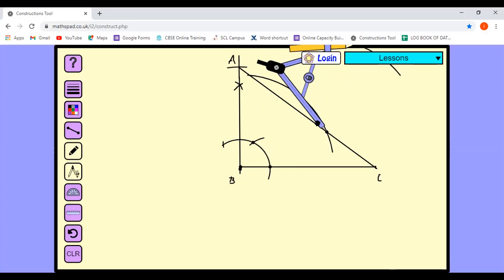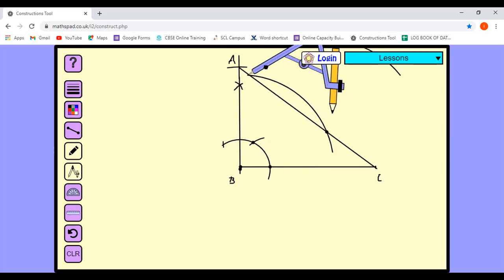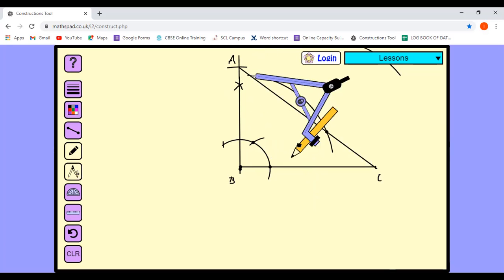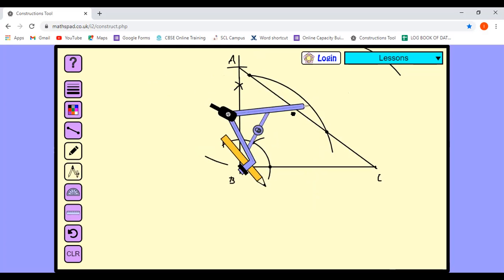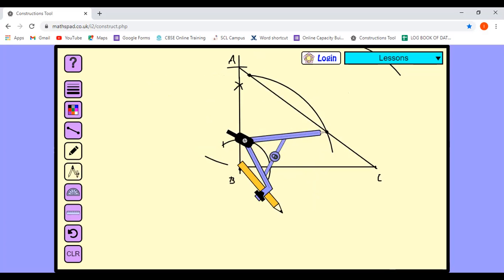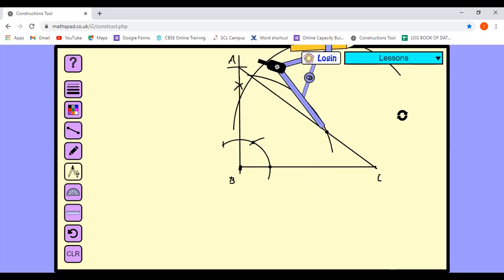Just make an arc, same radius from this part. Okay, I'm going to make an arc over here also. So actually when I do that, I'm not able to show it to you. So I will do it on this side. Either ways, I'm going to get the same. Okay, so we have to cut the arc over here.